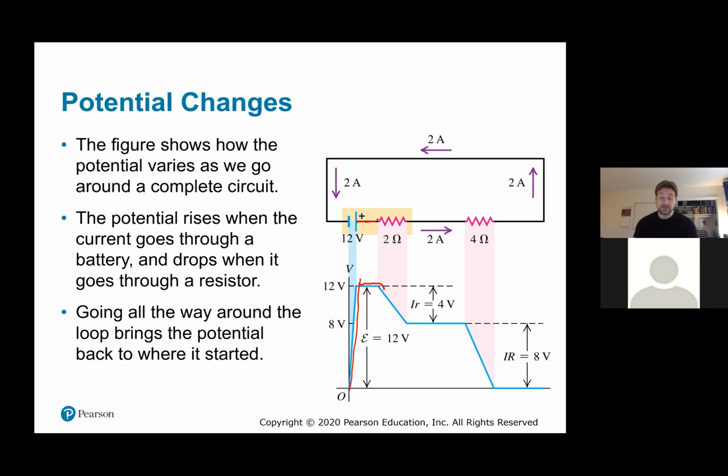Again, an idealization, but compared to the resistor, it's not a terrible one. Compared to 2 ohms, 4 ohms, the resistance of this little bit of wire is in fact negligible. So we don't really lose any energy per unit charge, which means we don't lose any potential going through the wire. On our way through the resistor, we do have to lose some energy because we have to push through.